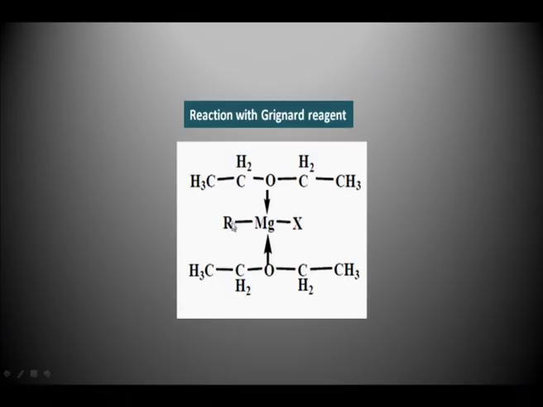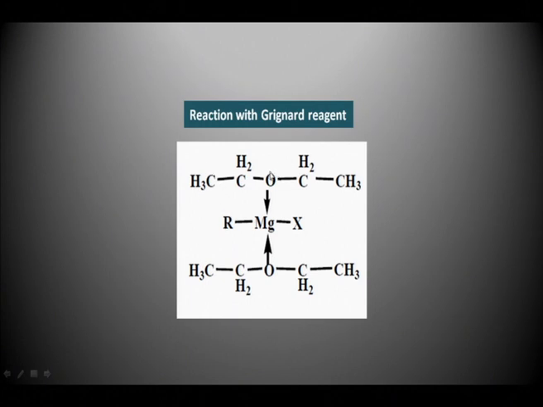Next, reaction with Grignard reagent. Generally, when ethers are used with a Grignard reagent, the ethers stabilize the Grignard reagent by the chelation effect. Here diethyl ether is taken along with the Grignard reagent, RMgX, which is a very useful reagent in organic synthesis reactions.